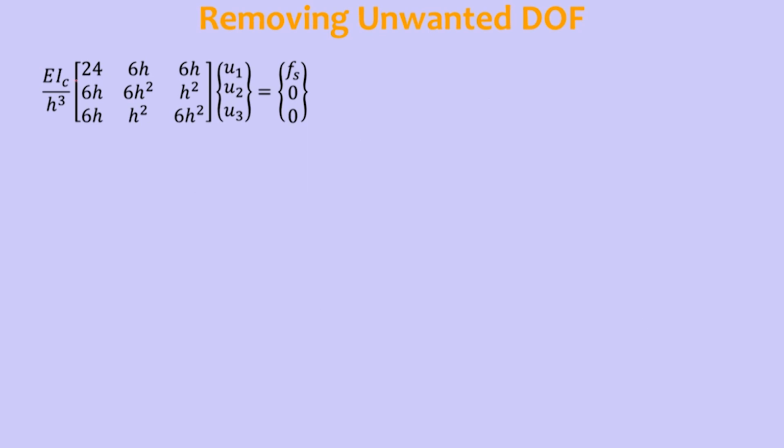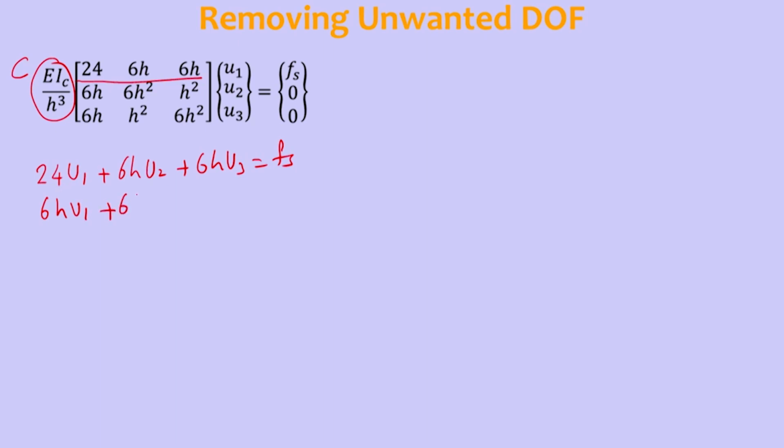Now if you can see this one. So if I take this equation, let's make this some constant C. Okay. So 24 U1 plus 6H U2 plus 6H U3 is equal to Fs. 6H U1, I am writing simultaneous equations. 6H square U2 plus H square U3 is equal to 0.